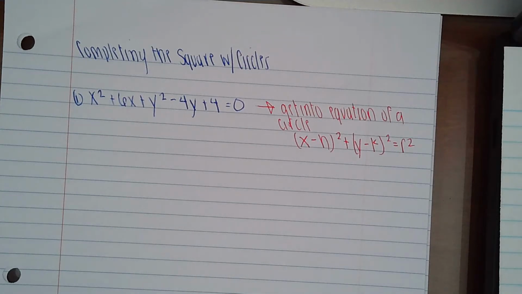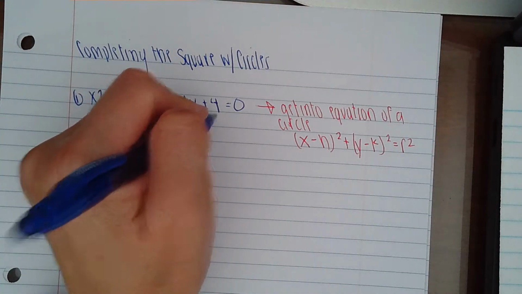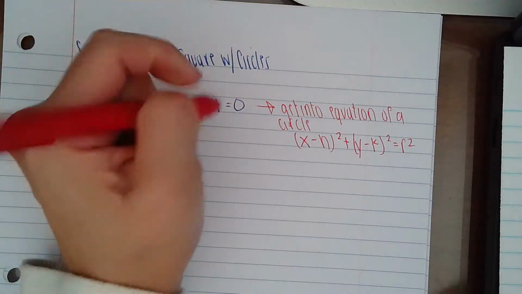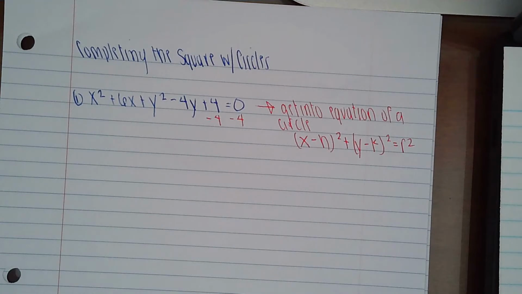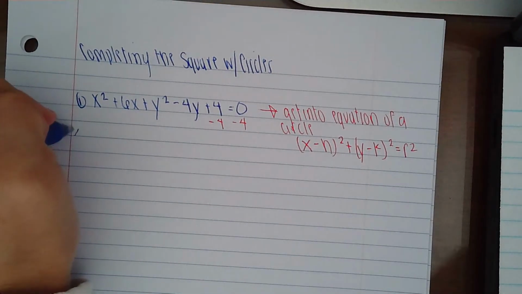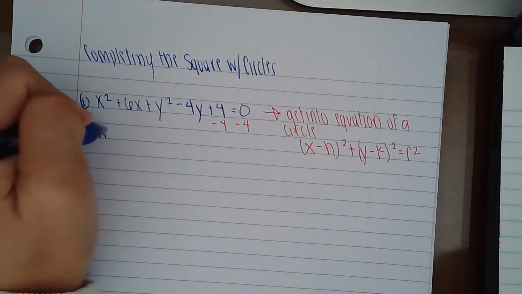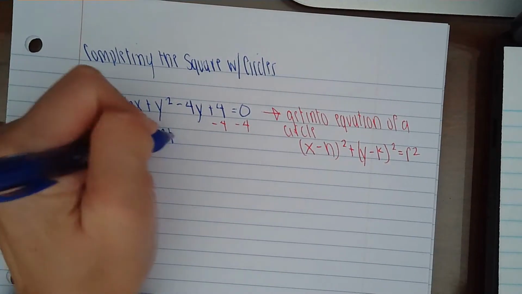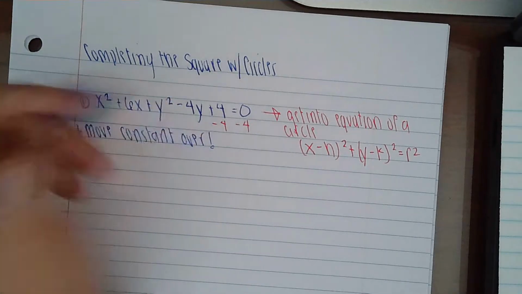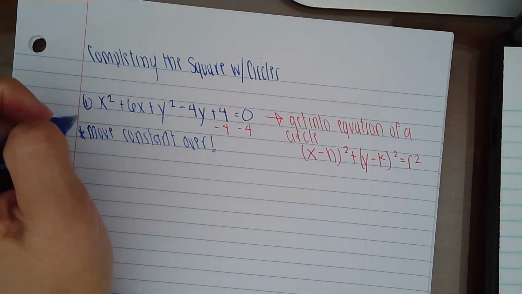So the first thing that you want to do is you want to move this positive 4 over. So we're going to start by subtracting 4 and subtracting 4. So move the constant over. Subtract 4 from both sides.